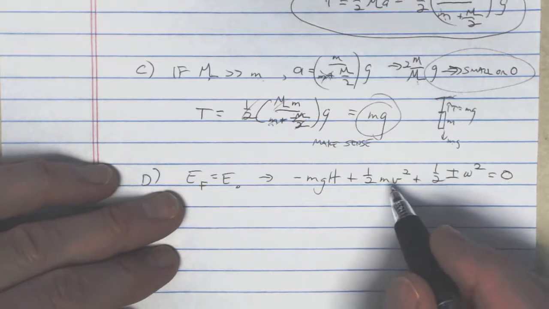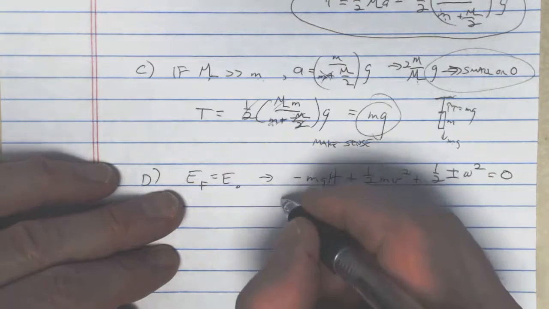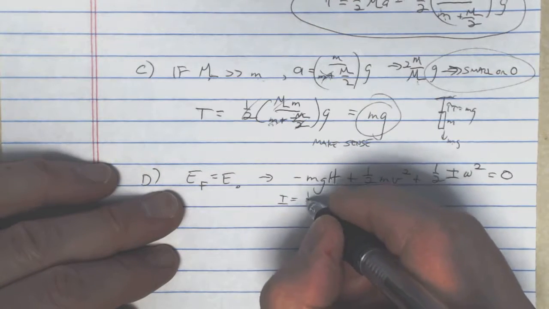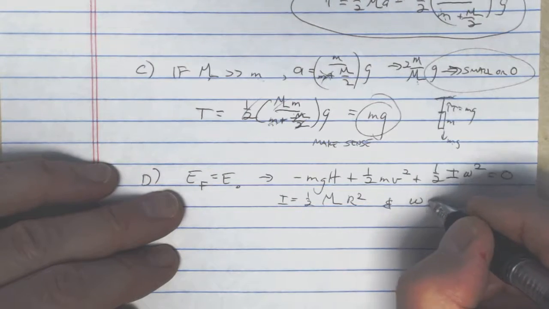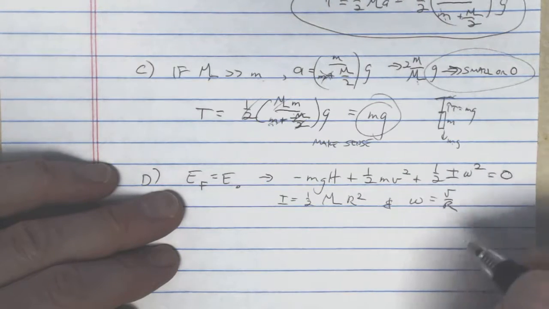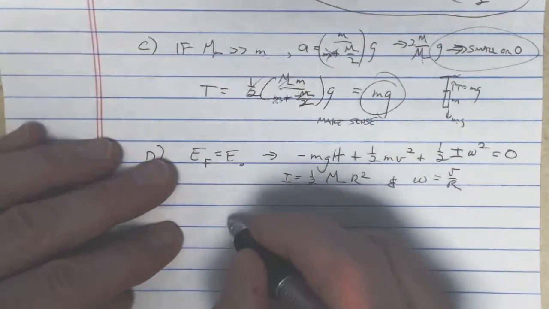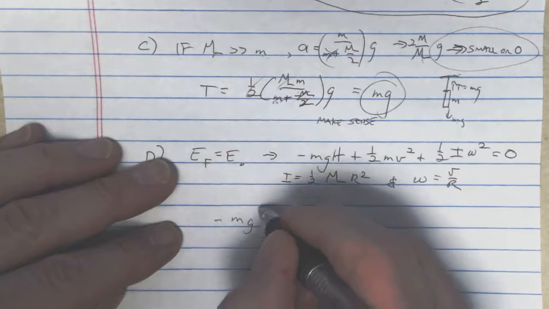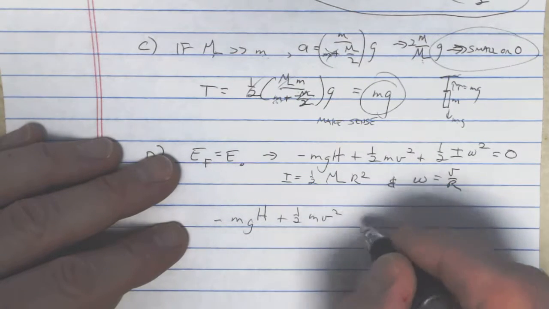Now we need to simplify this. We have v and omega, and we have an I, but we can use the fact that I equals 1/2 capital M R squared, and omega equals v over r, to simplify this expression, which now becomes negative mgh plus 1/2 little m v squared.